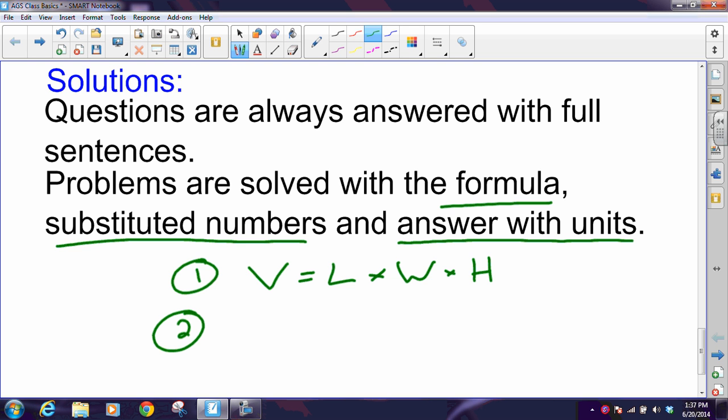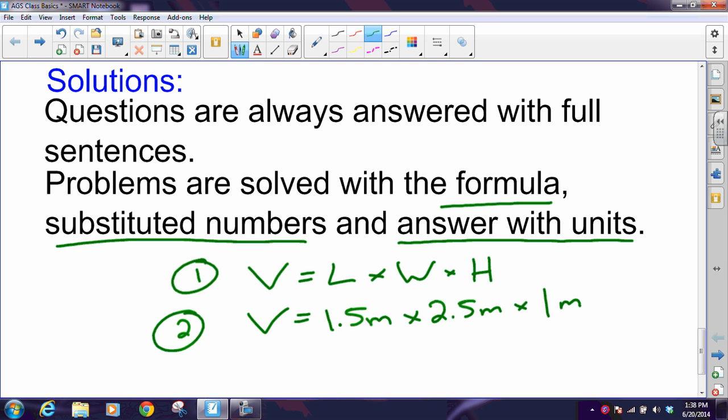So let's say we're trying to solve for volume, and let's say we're doing correct scientific measurements and we're measuring in meters. So my length is 1.5 meters times my width, which is let's go 2.5 meters times my height, and let's just go 1 meter for my height there. All right, that's step two.